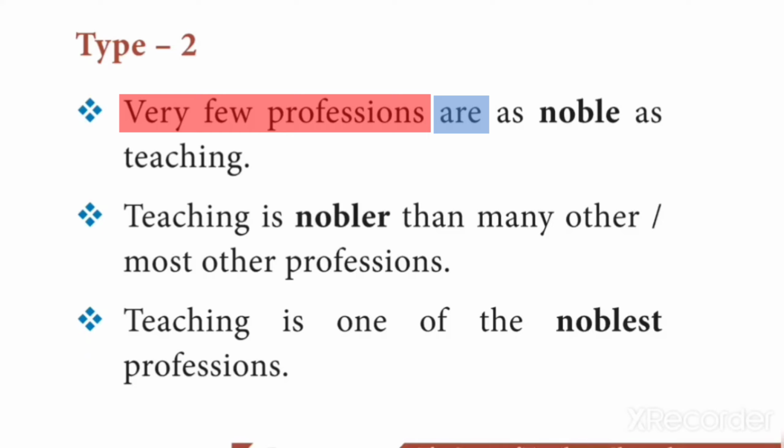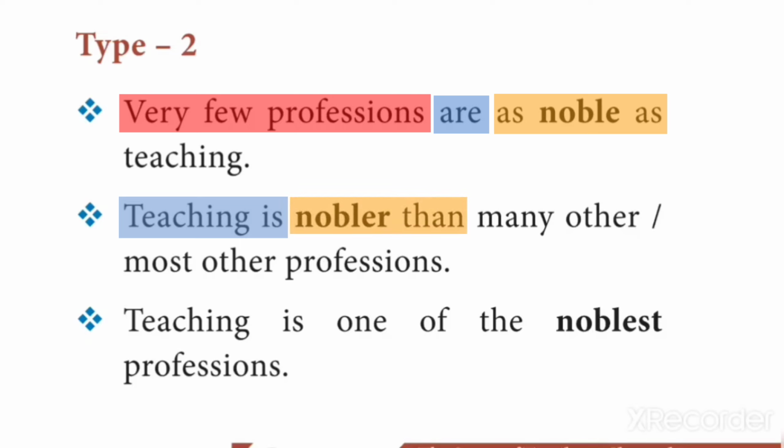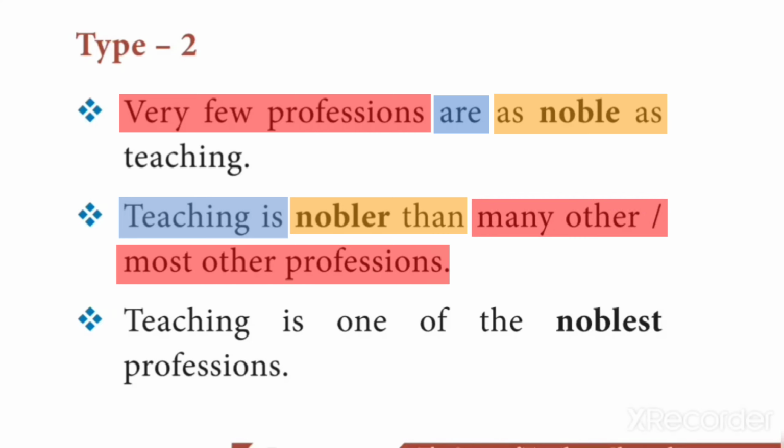So the sentence is, very few professions are as noble as teaching. This is positive. And coming to the comparative degree, teaching is nobler than many other or most other professions. You listen here. Many other or most other professions.